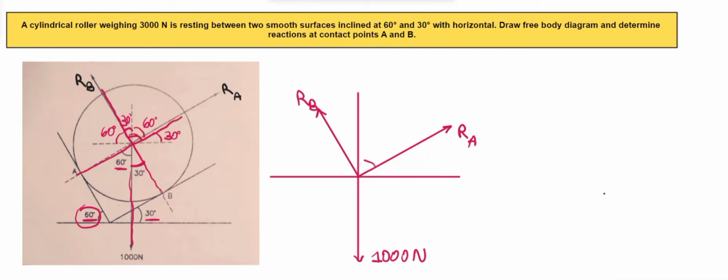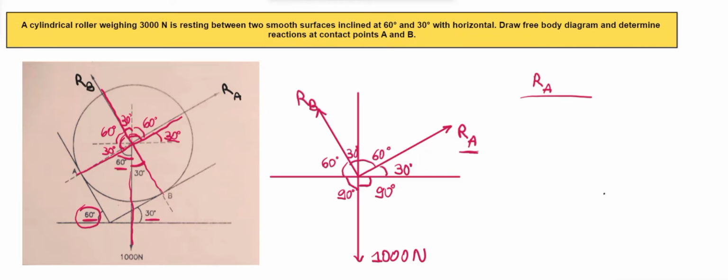The angle between RA and RB is 90 degree, as this angle is 60 degree and this one is 30 degree. Then here we are already having the angle that RB is inclined at an angle of 60 degree, so we'll just write that. Then this angle that will be formed, that will be 90 degree. Then RA is inclined at an angle of 30 degree and this angle is 90 degree. Now let's just apply the Lami's theorem.